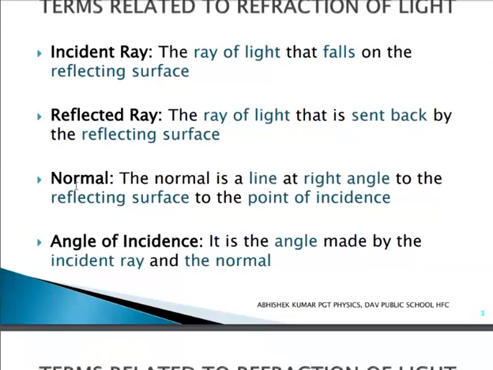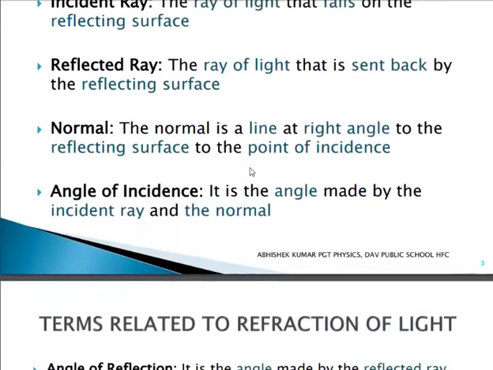And the third one is normal. The normal is a line at a right angle to the reflecting surface or refracting surface at the point of incidence. It is an imaginary line and is perpendicular to the reflecting surface or refracting surface.